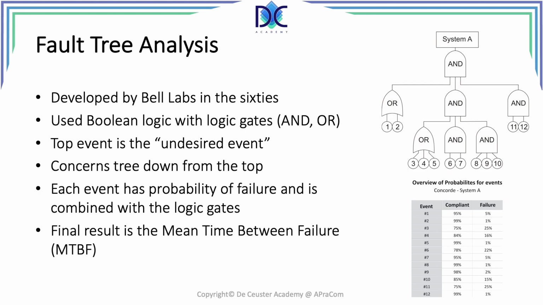For example, elements of airplanes, for example, the navigation system, the lifespan is expressed as the mean time between failure. Basically, it tells us that an element can be operating for a certain number of hours without having a failure. Now, that's a theoretical approach. It can be less, it can be more, but that's what we expect.